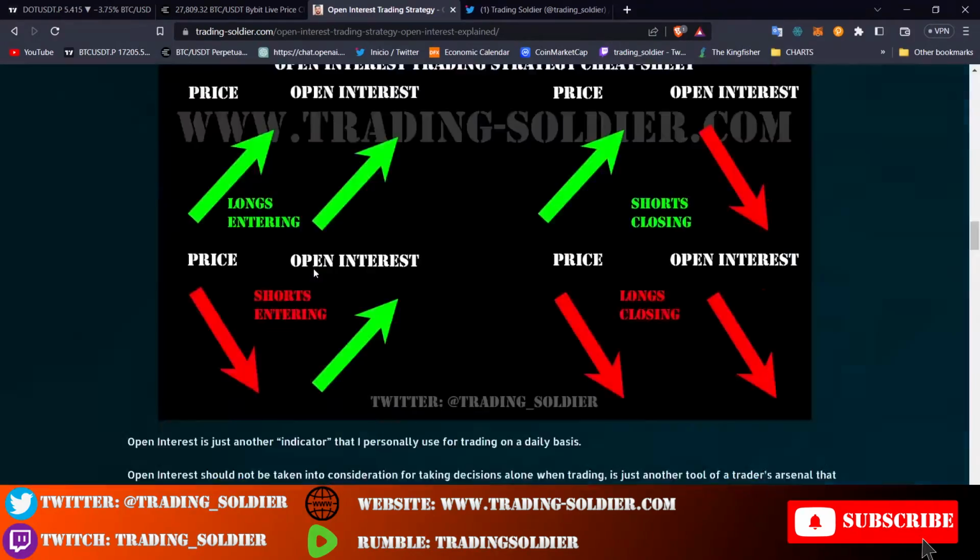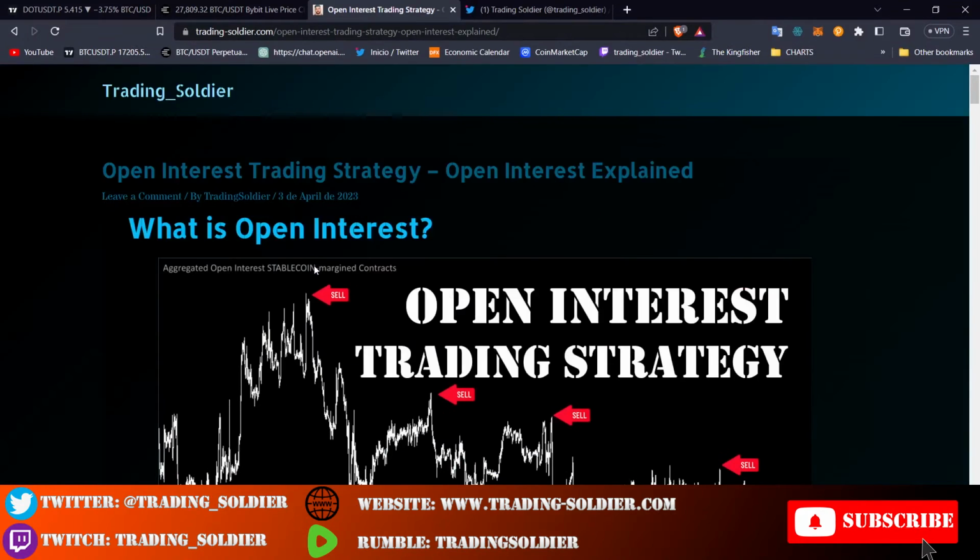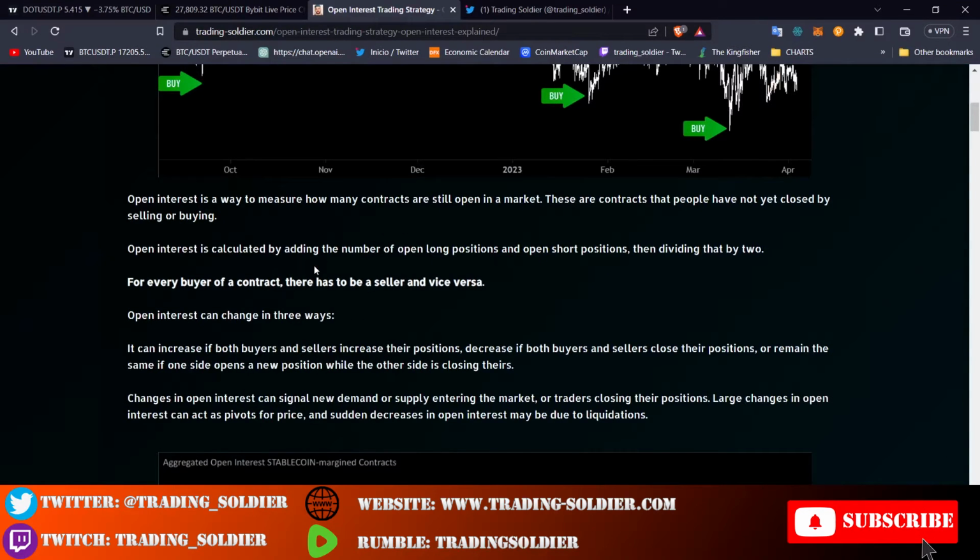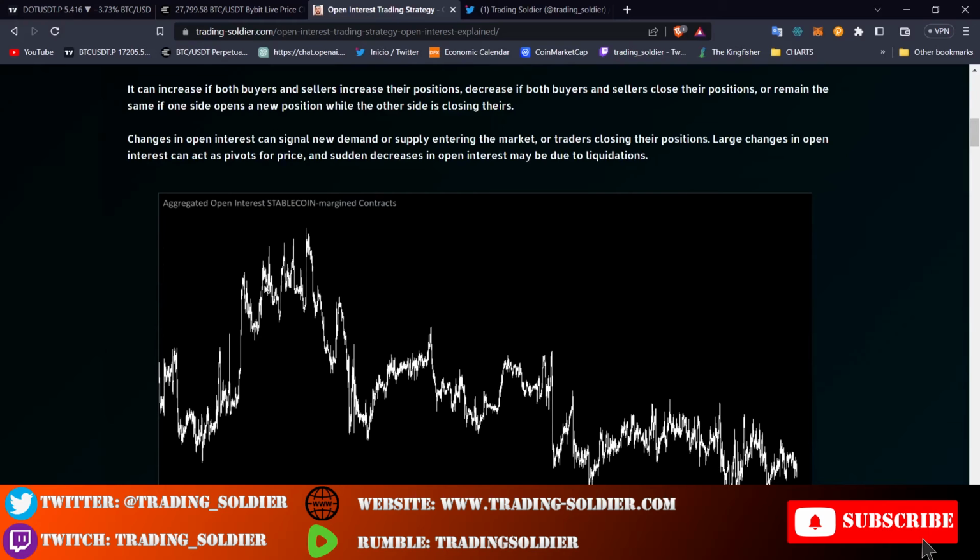So first of all, what is open interest? Open interest is a way to measure how many contracts are open in a market. Based on my personal opinion, open interest is more like a sentiment indicator. If we see that open interest is rising in a market, we can think that a lot of people are opening new positions.